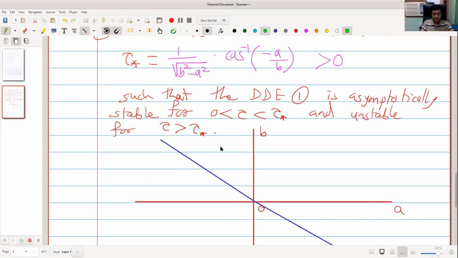This is the unstable region. Whatever your delay may be, this also doesn't depend on delay.